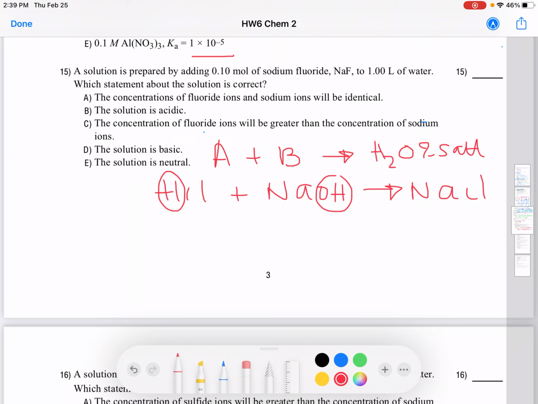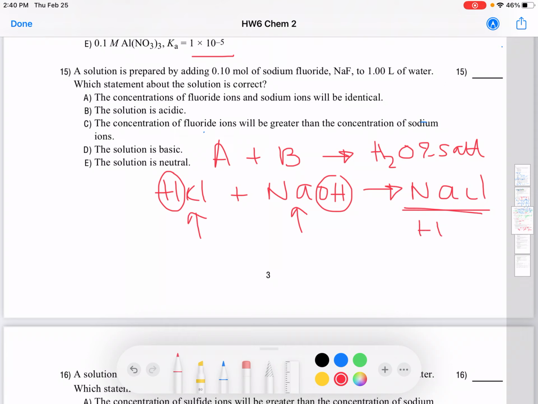So when we are trying to figure out whether a salt that you are given is going to be acidic or basic, what you have to look at is the acid and the base that combine to make that salt. Sodium chloride came from the strong base sodium hydroxide and the strong acid hydrochloric acid.